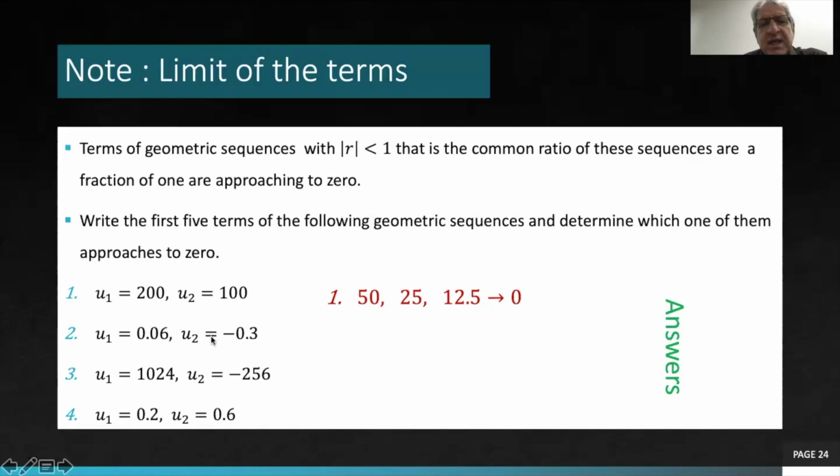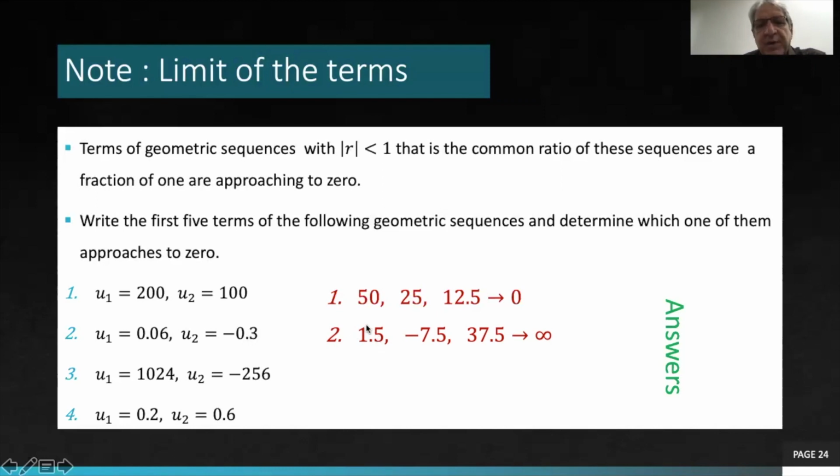Now look at the second one, where you are multiplying by negative 5. This is the first one. If you multiply this by 5, you are going to get 1.5.